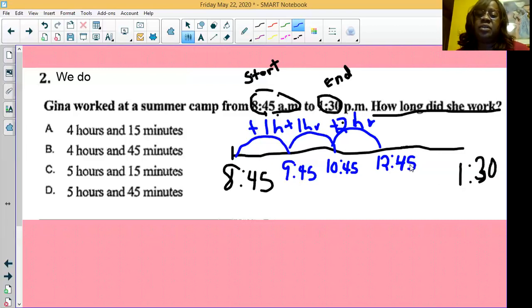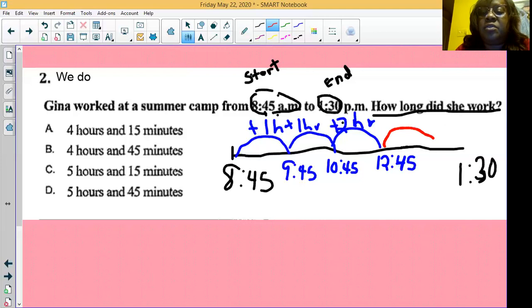We're at 12:45. So far we've jumped 4 hours, 1 hour plus 1 hour plus 2 hours. And we're trying to get to 1:30. So look, 12:45 is 15 minutes before 1 o'clock.